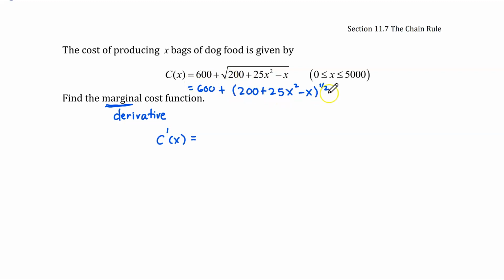And then you can differentiate this using the general power rule. So now the derivative of c of x is just equal to, differentiate each term. So the derivative of 600 is 0. So you have 0 here, plus the derivative of the expression here. That is the derivative of u to the 1/2. Now, what's the derivative of u to the 1/2?